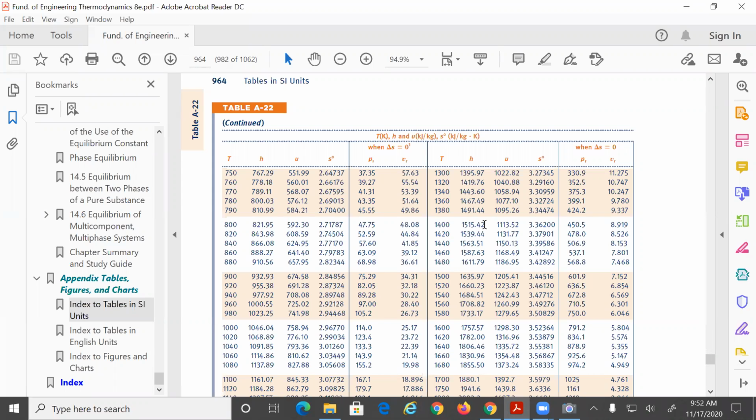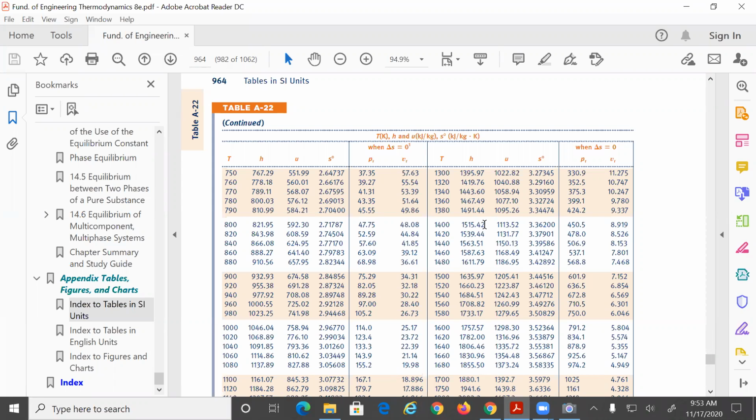Okay, and we're going to need it, so instead of going back, we save some time at 1400. Also, we're going to need the P sub R, which is 450.5.